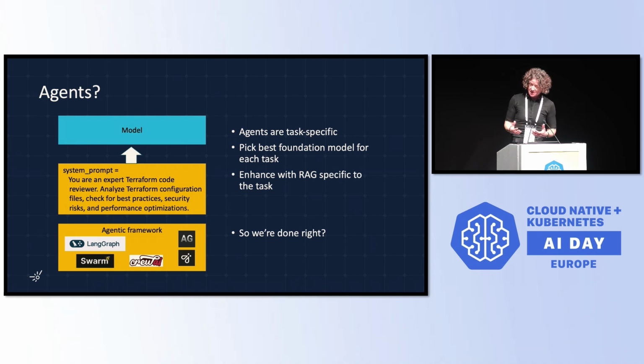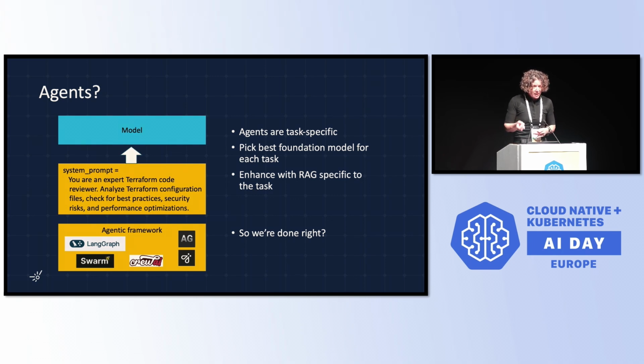An example agent prompt might be: you are an expert Terraform code reviewer. You are responsible for the following set of tasks as part of reviewing Terraform code. That prompt is then used with the selected model and returns an answer to your agentic application, which you then do something else with, or maybe you're done and you send that back to the user.